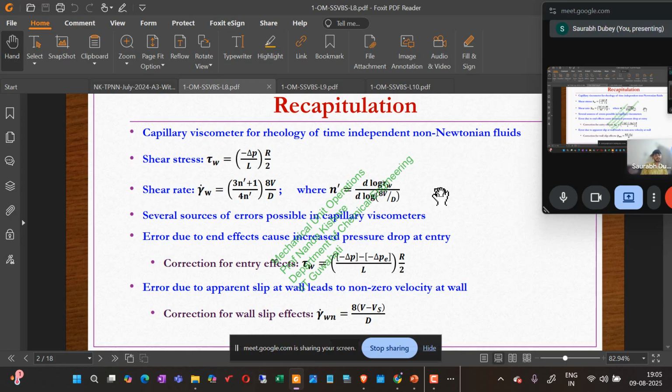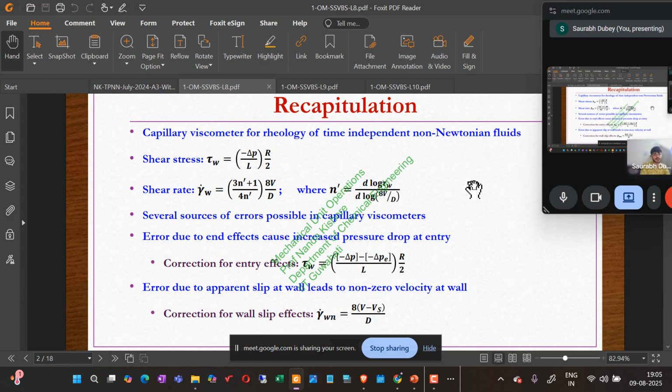And then the shear rate depends on 8V by D, where V is the average velocity flowing through the capillary. And there is (3n' + 1) by 4n', and this n' has been calculated using d log tau_w divided by d log (8V by D).